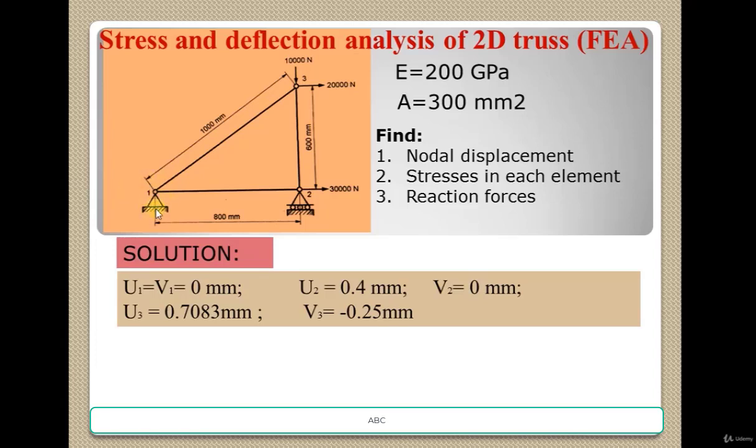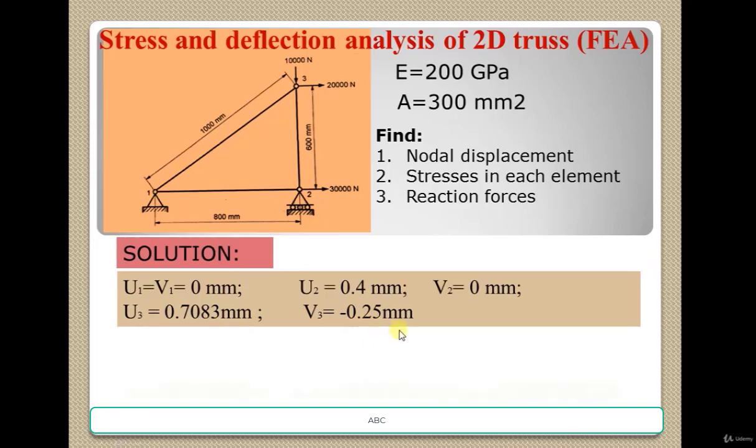At the first node there is a fixed support, so we get 0 displacement. At the second node there is a roller support, meaning there is a restriction in the y direction, so V2 is 0 and in the x direction we get 0.4 mm. At node number 3, we get the deformation as 0.7083 in the x direction and minus 0.25 in the y direction.